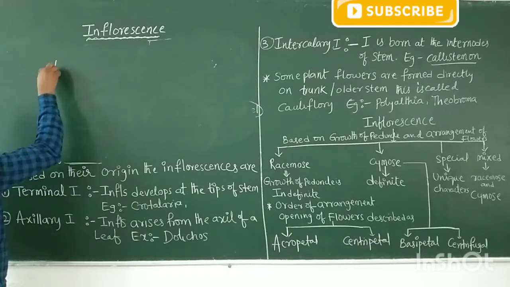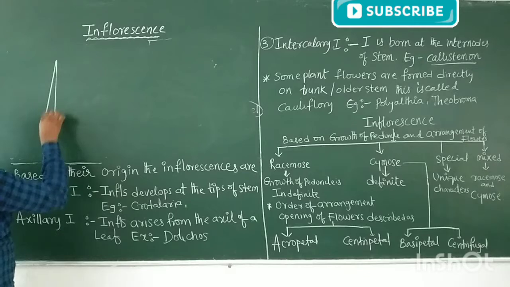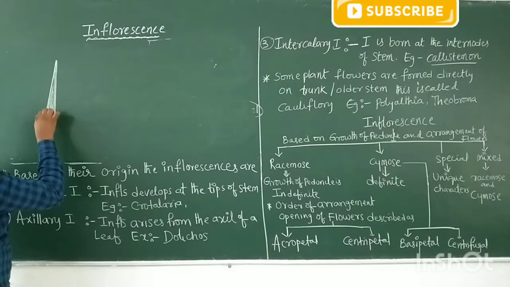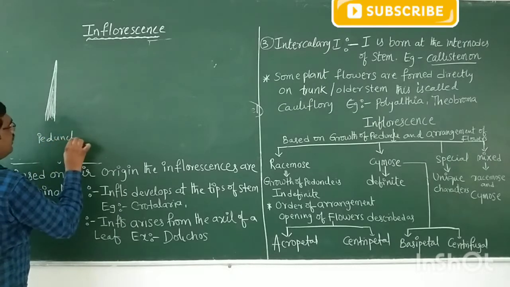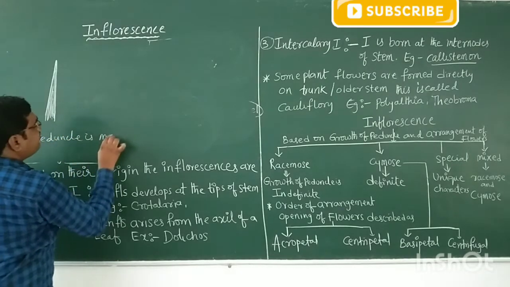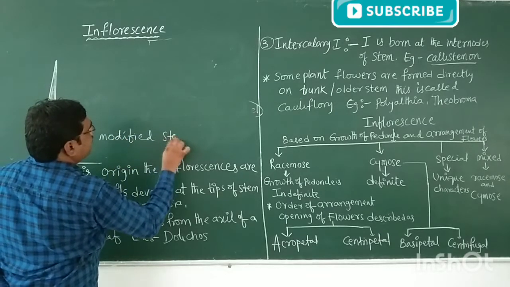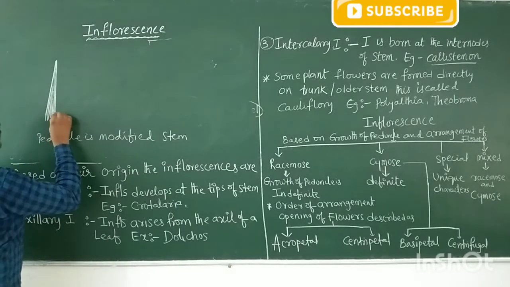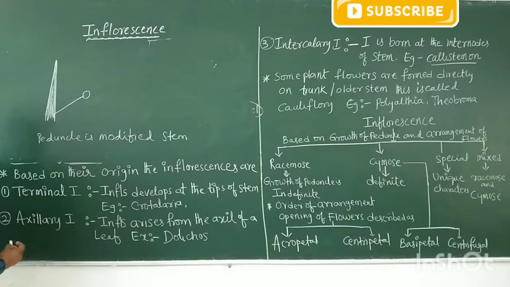So see, this is the peduncle. The peduncle is a modified stem. On the peduncle, the flowers are arranged in a specific order.